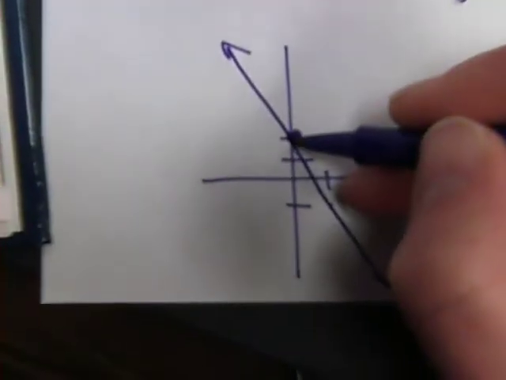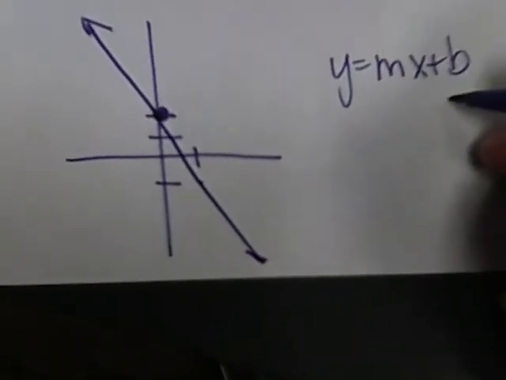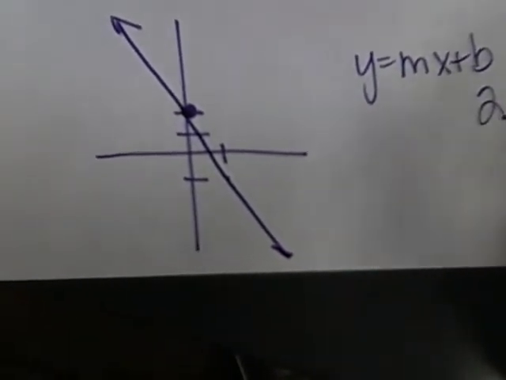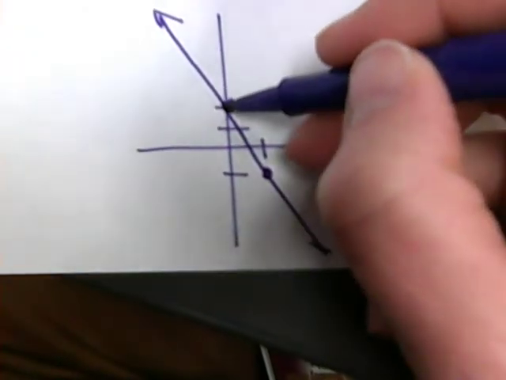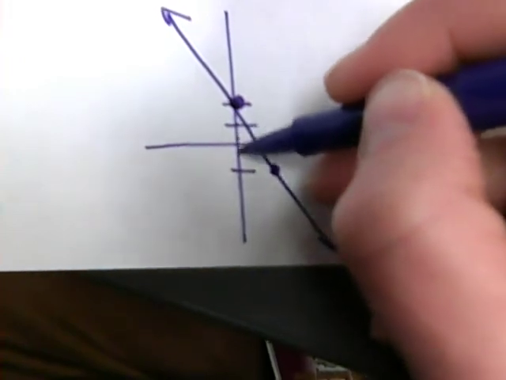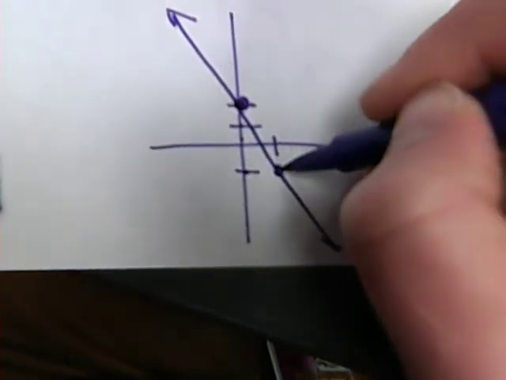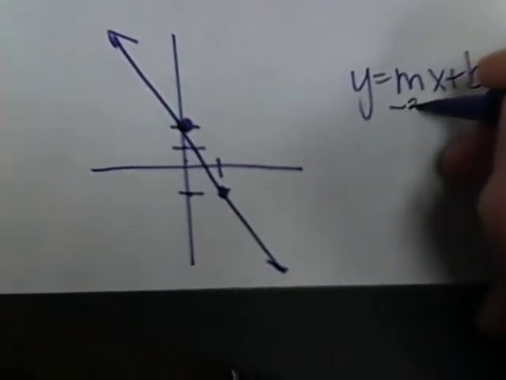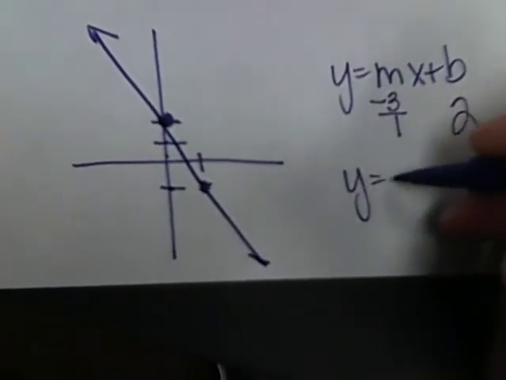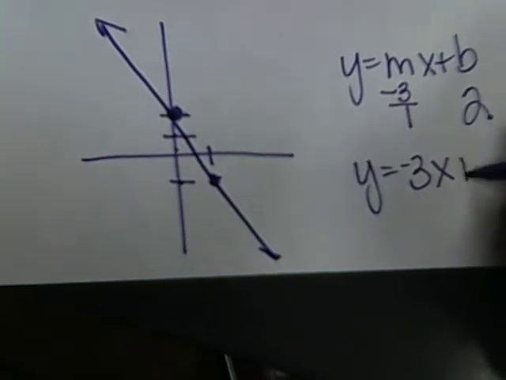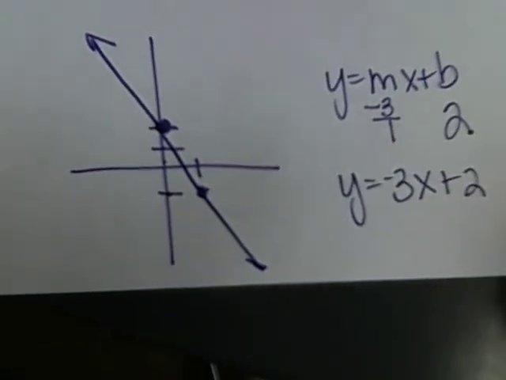It crossed right here at 2. So that goes right here. Then, where is another point on that line? Well, if you look at that graph, it looks like it crosses 1, -1. So from here, I would have to go down 1, 2, 3, over 1. I went down 3 over 1. So that reduces then to -3. And there's my m. Okay?